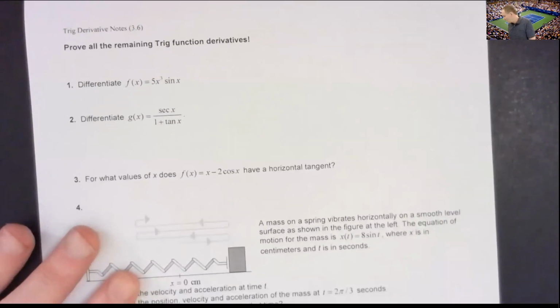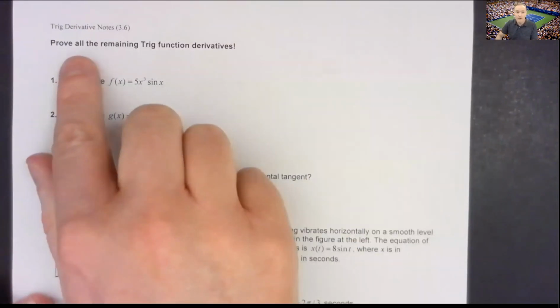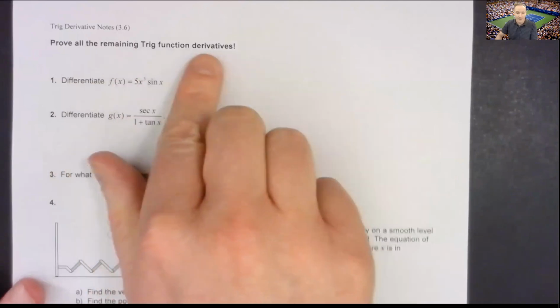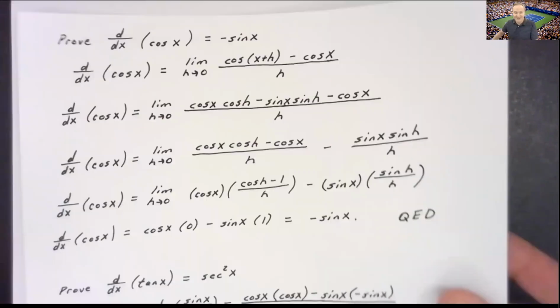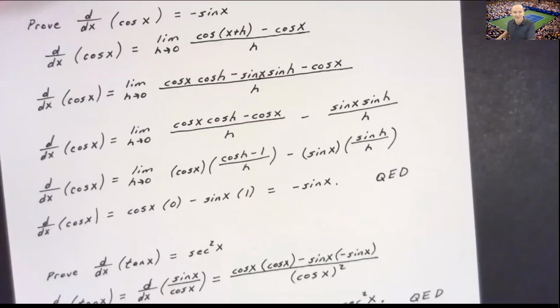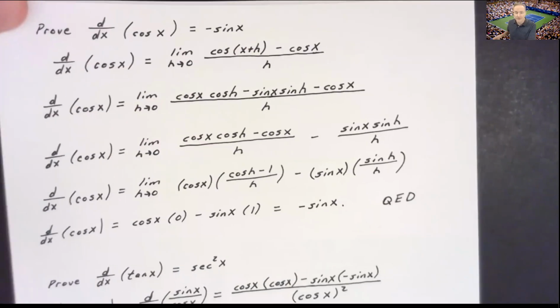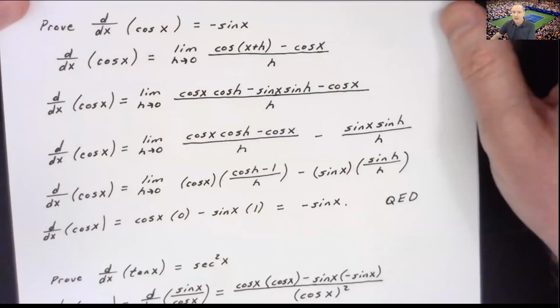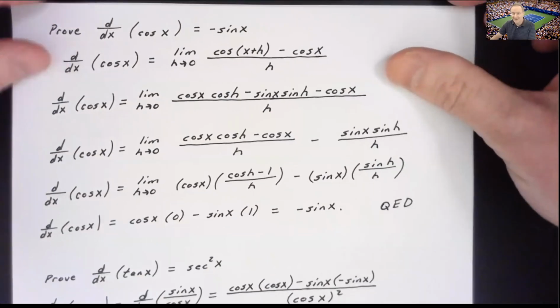Now, on my next page here, before I started the problems, the very first thing I said is, now I want us to be able to prove all the remaining trig derivatives. So I went ahead and did that and had fun doing it. Notice here, if I ask you to prove that the derivative of cosine is negative sine, the only 2 that are going to require the limit definition of a derivative are the sine and the cosine.